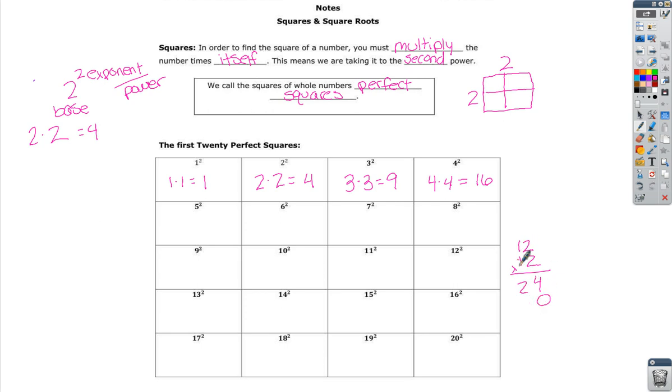Add that 0 in. 1 times 2 is 2. 1 times 1 is 1. Let's add them up. 4 plus 0 is 4. 2 plus 2 is 4. And 1. So our 12 squared is 144. So you can solve for the square of a number even if you do not know it off the top of your head.